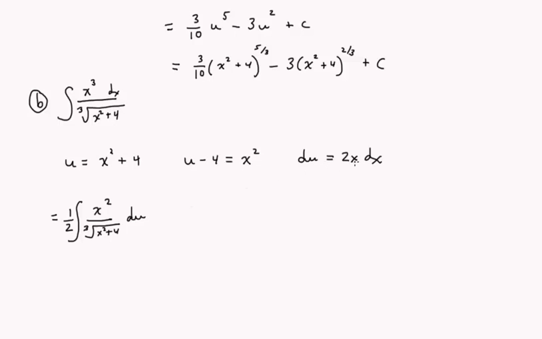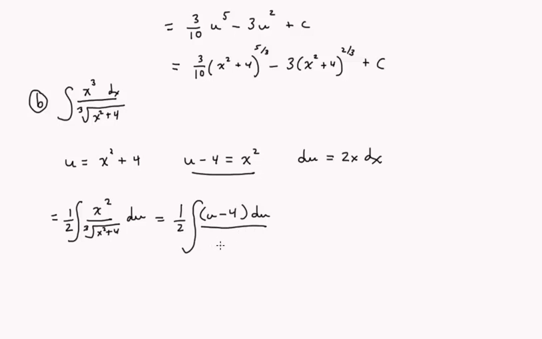I guess that's kind of annoying. I just wanted to show that I got rid of an x by solving for dx and brought out the 1/2. Anyway, let's continue. So now we have 1/2, the integral. x squared, we know from above, is u minus 4 from here. And we still have a du.